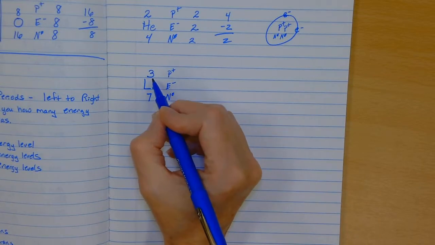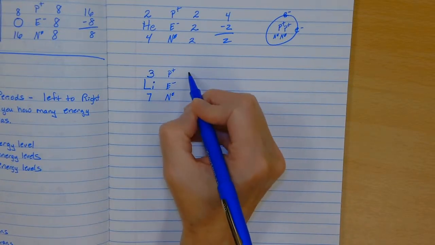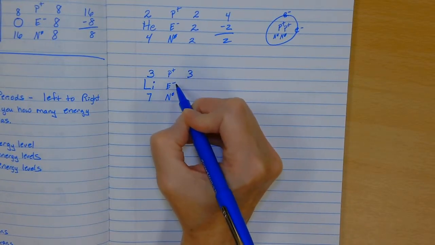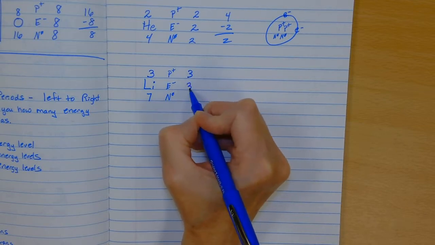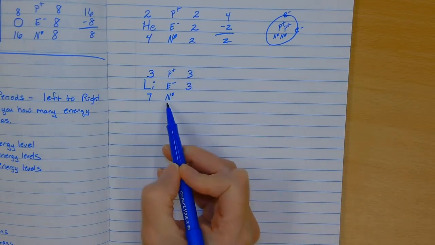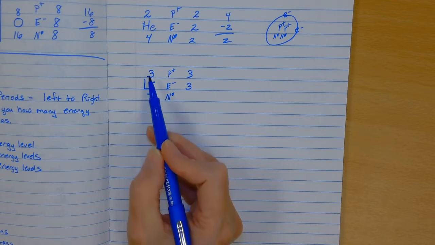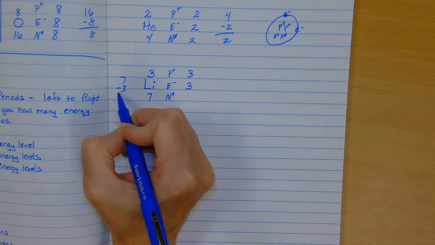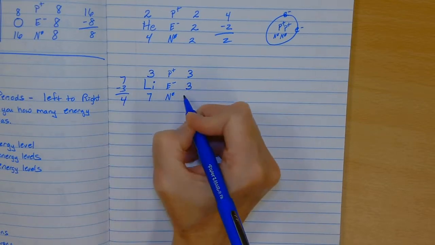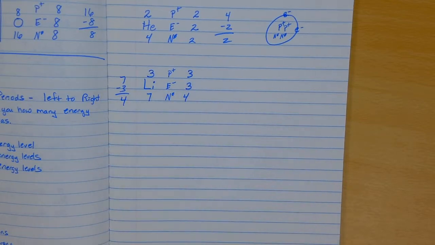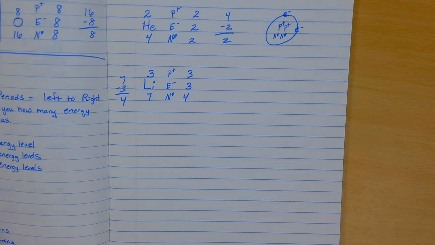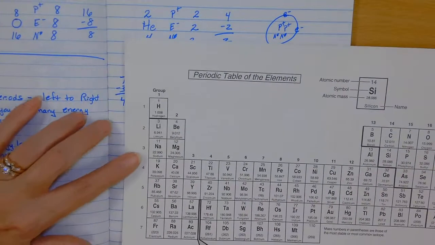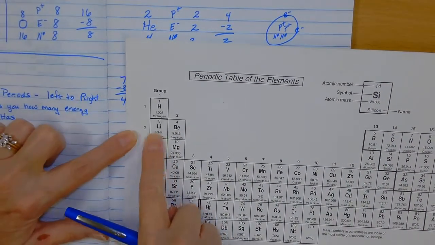Okay, so I have my protons, my electrons, and my neutrons. So my atomic number says I have 3 protons. If I have 3 positive, I have to have 3 negative charges. In order to find my neutrons, I take my atomic mass and I subtract my atomic number. So it would be 7 minus 3 equals 4. So I have 4 neutrons. Lithium, if you look at your periodic table, is in period 2.